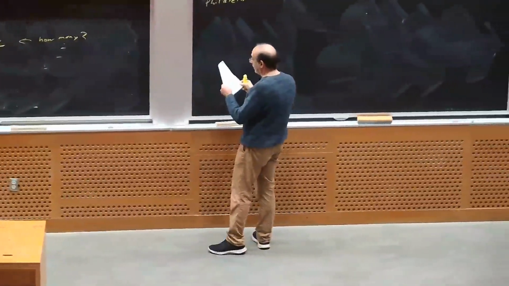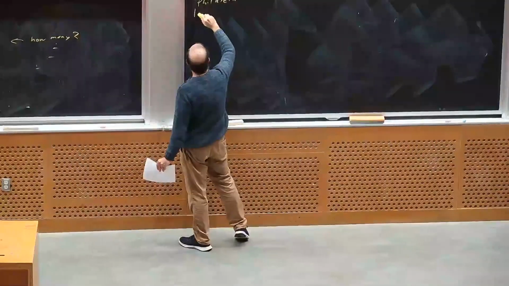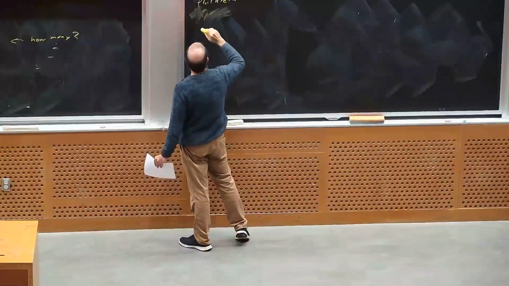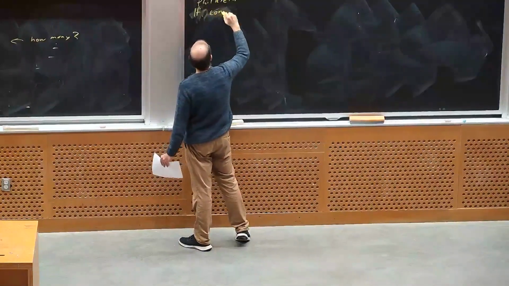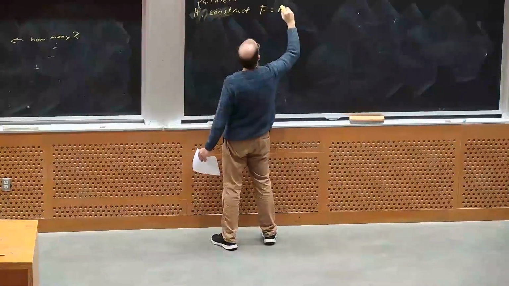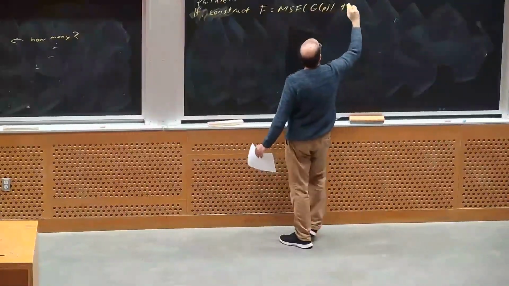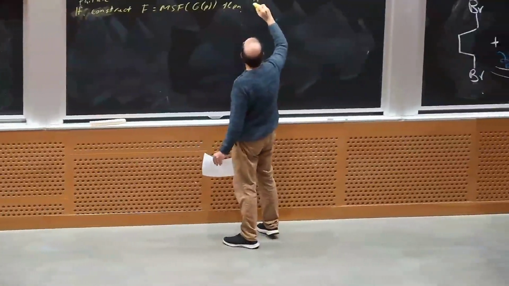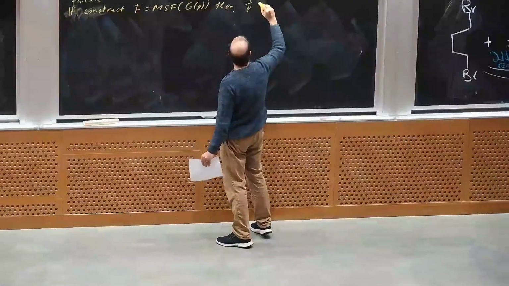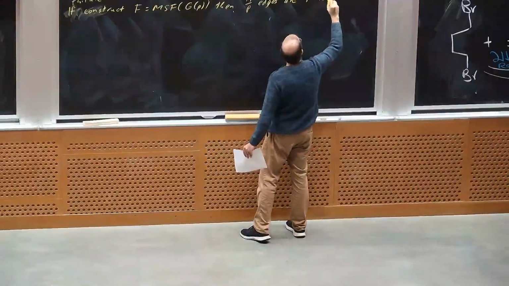So here's the critical theorem, which is that if you construct F equal to the minimum spanning forest of G of P, then N over P edges are F-light.